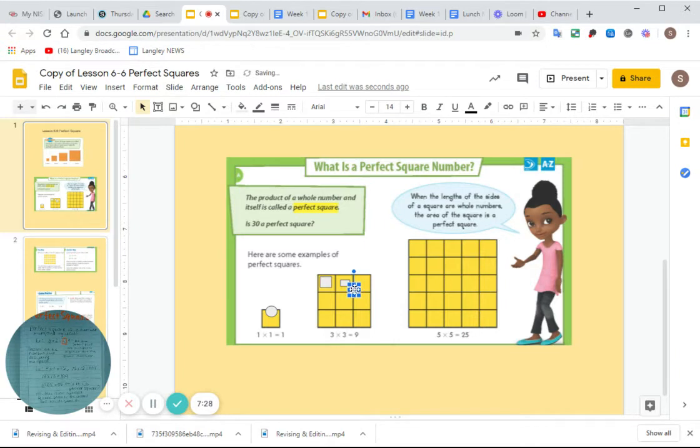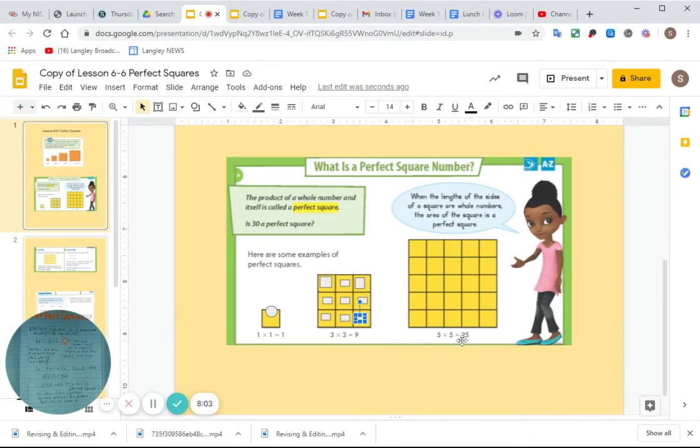Oh my goodness, this is harder. 3, 4, 5, 6, 7, 8, and then 9. Okay, if I can move my little square over there. 9. All right, now I'm not going to do the big square because I think you get it.